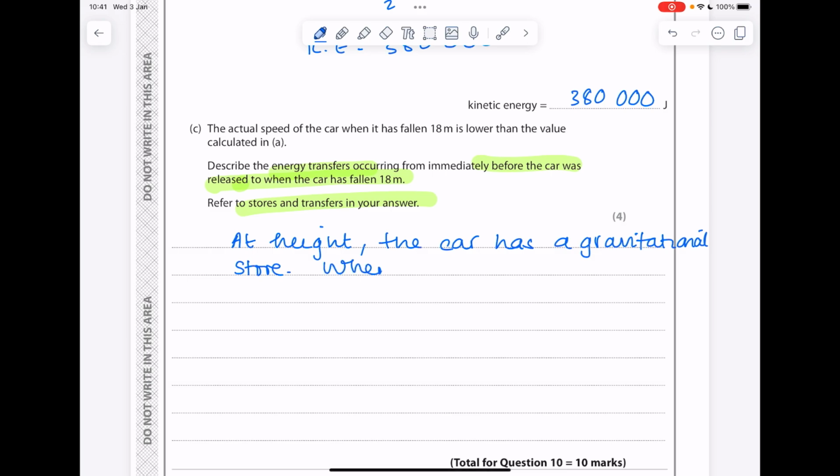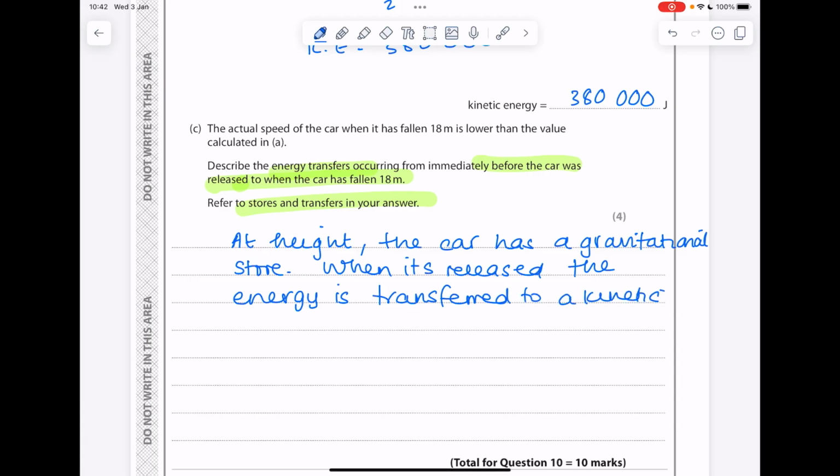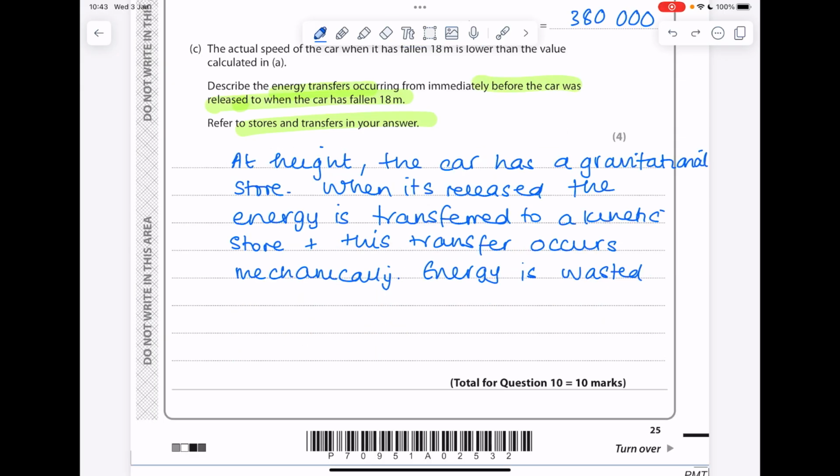When it's released, the energy is transferred to a kinetic store. And this transfer occurs mechanically. And energy is wasted by heating because remember, it says that the actual speed of the car when it has fallen is lower than the value calculated in A, so that would infer wasted energy.